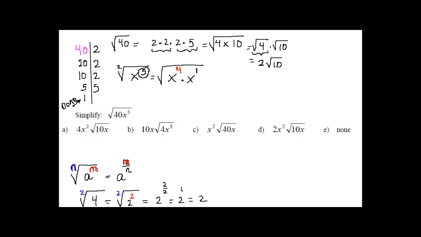So x to the power of 4 is perfectly squared, but x is not. So since this is the second root, that would be x to the power of 4 over 2.